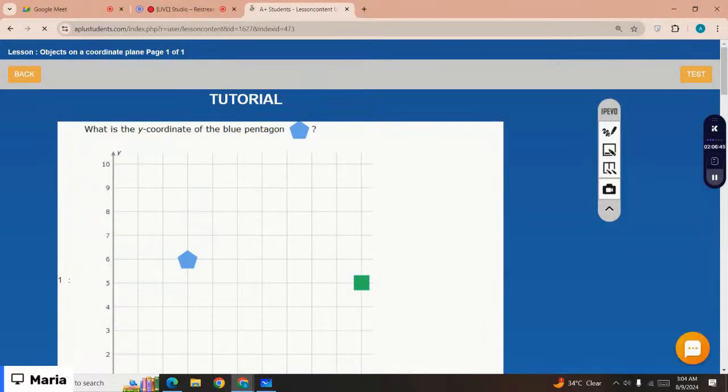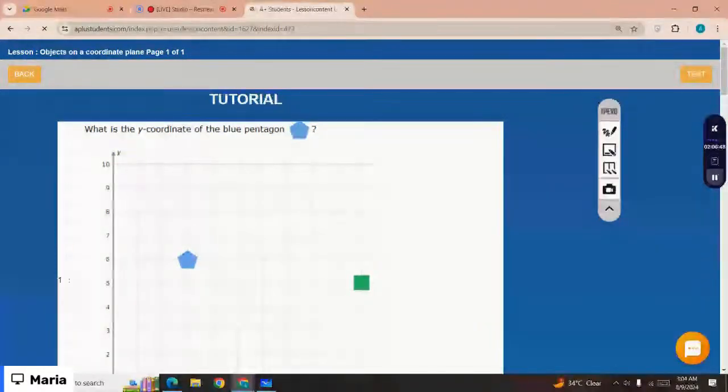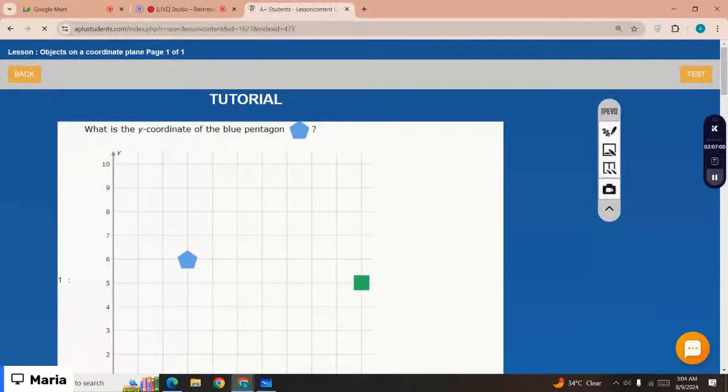Okay, so first thing we need to learn is what is the coordinate plane. Just listen to me carefully, right? A coordinate plane is a two-dimensional surface formed by two number lines.